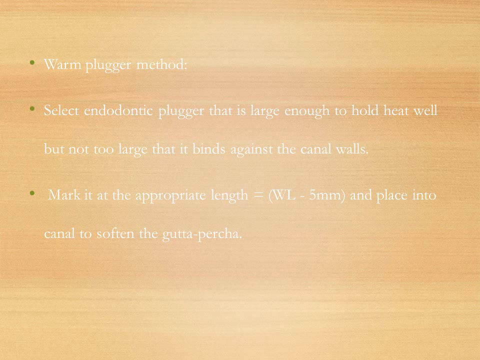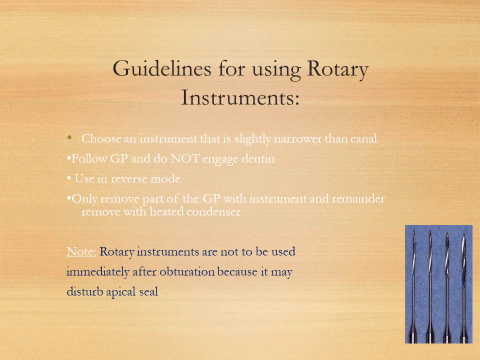Okay, so now certain guidelines which you can use when you are using your rotary instruments. You start off with an instrument which is just slightly narrower than the canal, and always make sure that your instrument is engaging the guttapercha and not the root canal dentine, because you do not want to perforate.